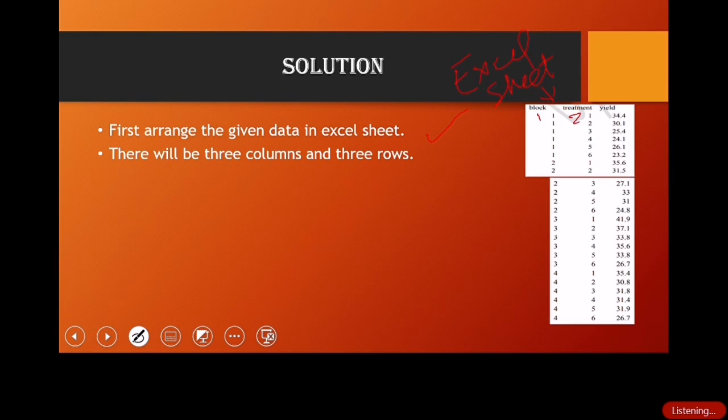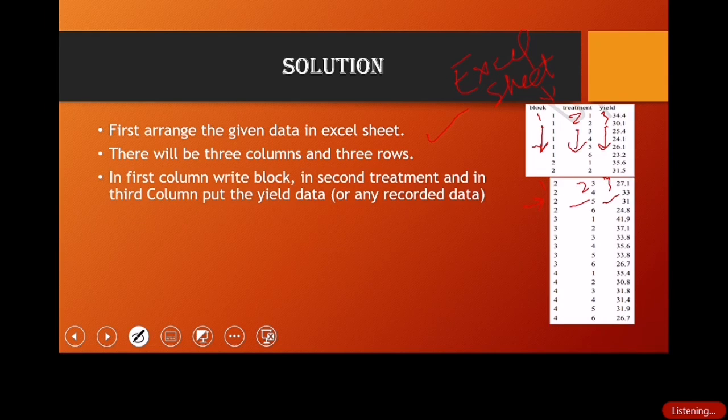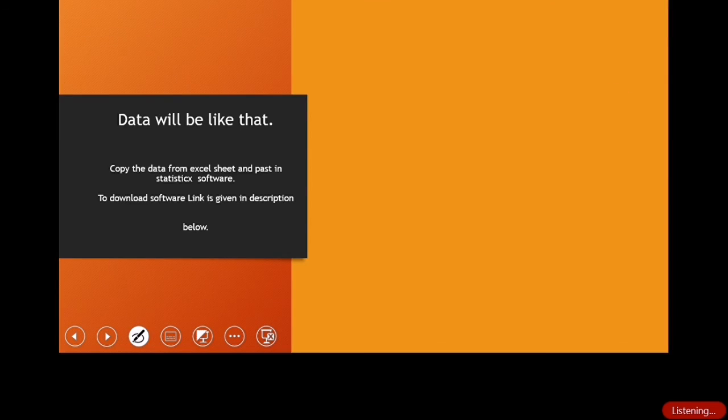In the first column, write block, in the second treatment, and in the third column put the yield data or any other recorded data. Data will be like that.